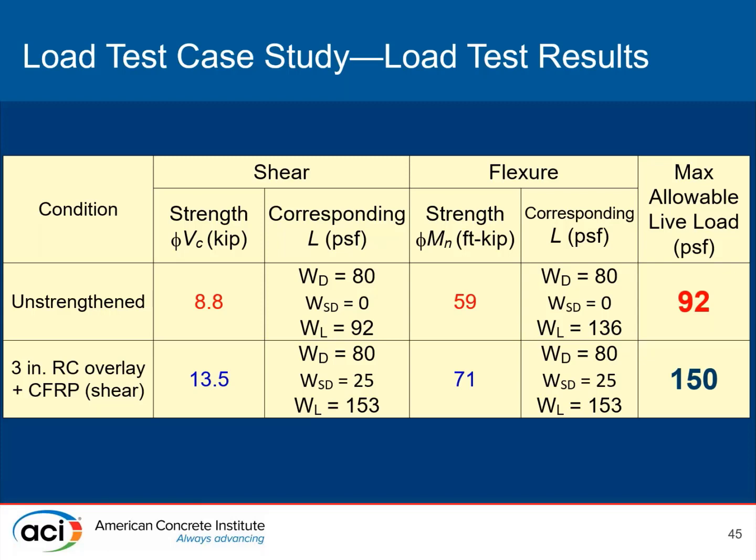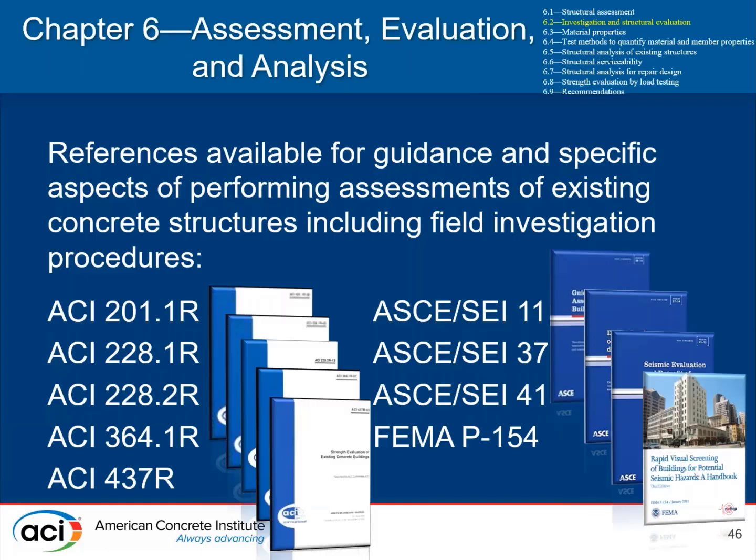And so the maximum allowable live load in this example, as provided, was 150 pounds per square foot through the installation of the CFRP and the 3-inch overlay. So, confirming with load testing that the calculated capacities were sufficient in accordance with this repair design.